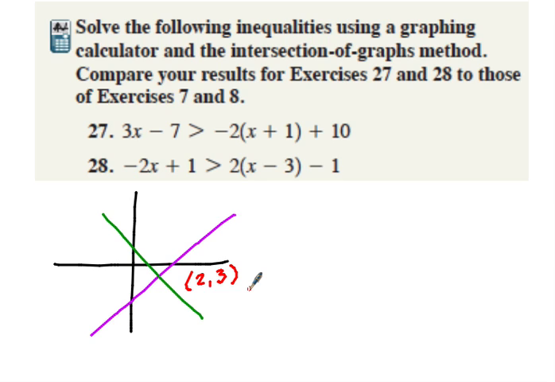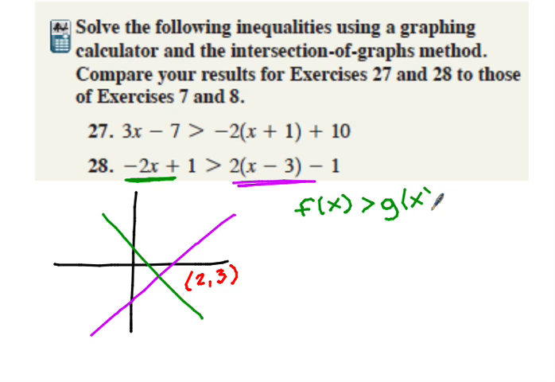So if we're still thinking about this as that profit situation, we could say something like my green is going to be my cost and my purple is going to be profit. And so for the sake of shorthand, let's call the green one some f of x, and let's call the purple one some g of x.